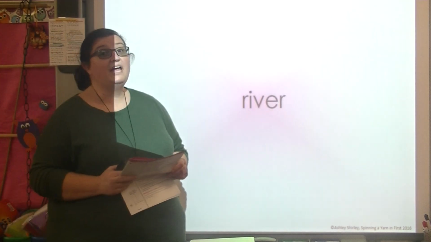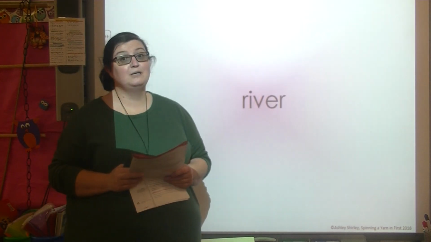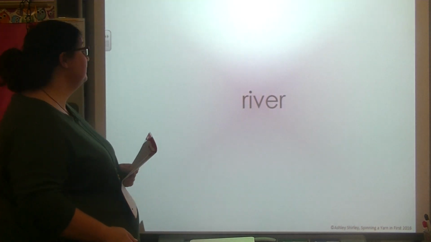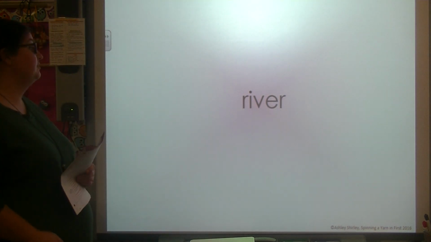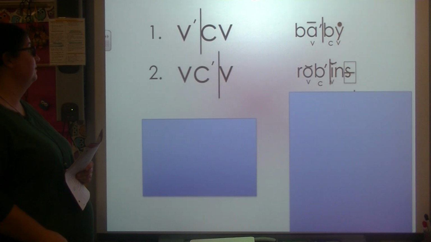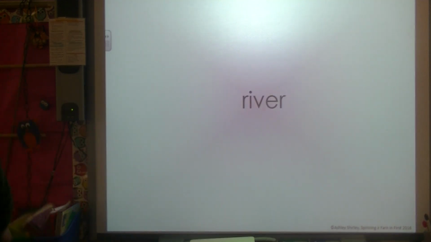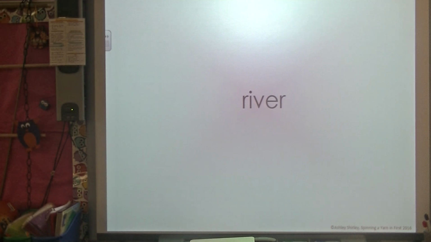So we have to look for the syllable pattern. First, I find my two syllables. Let me find my coding page. Boys and girls, what are the two vowels?